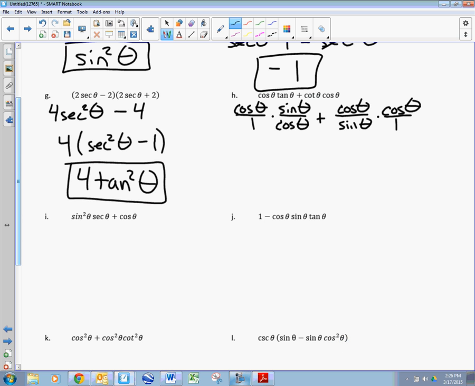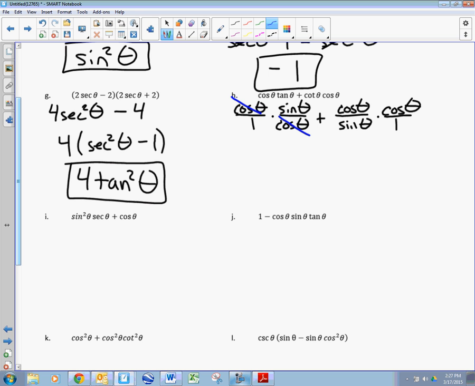I got cosine times sine over cosine plus cosine over sine times cosine over 1. What happens? The sines do not cancel, the cosines do not. They're separated by addition. You can't cancel parts.